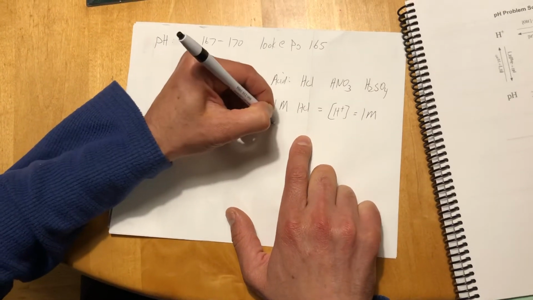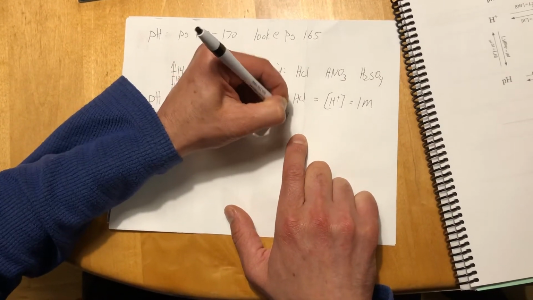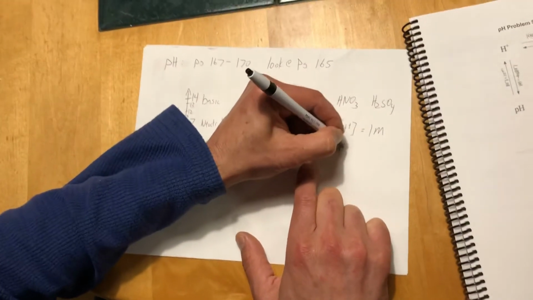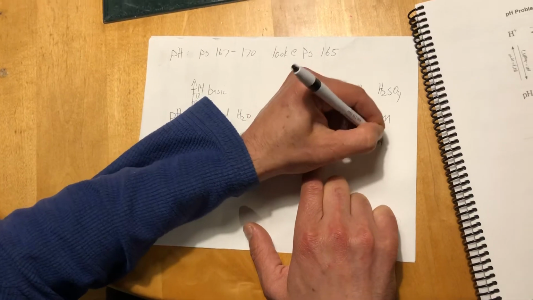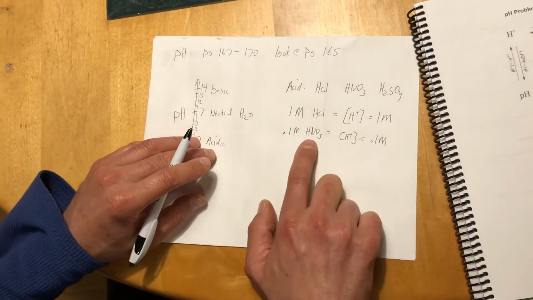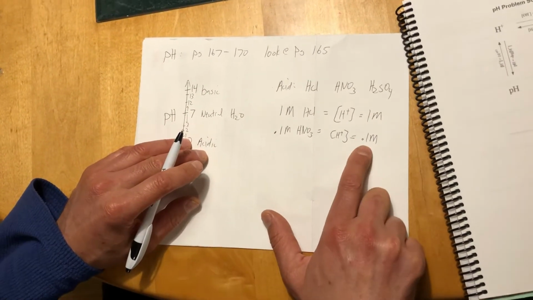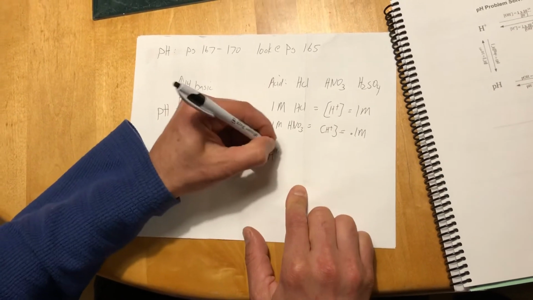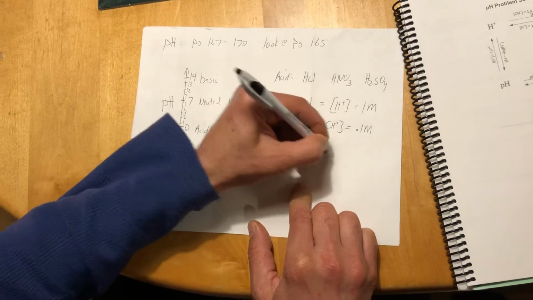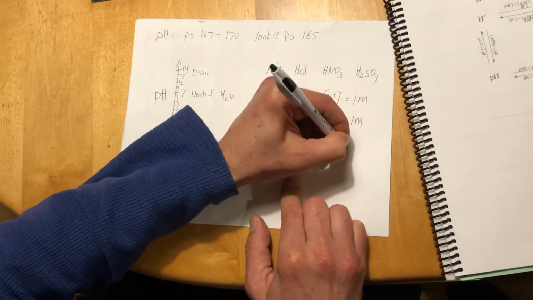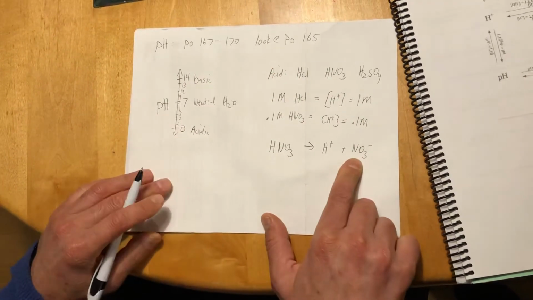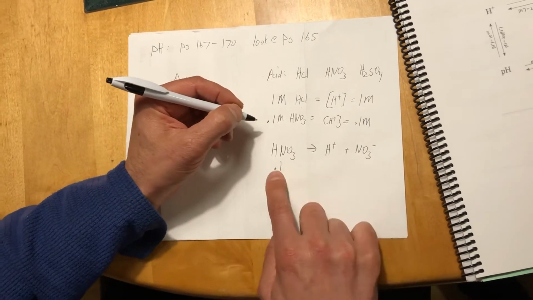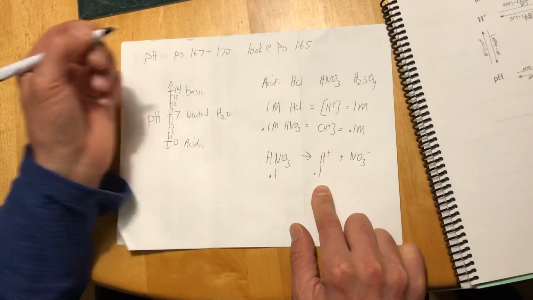If you have a 0.1 molar HNO3 solution, then the hydrogen concentration is that same molarity. So whatever the molarity of the acid is, the molarity of the hydrogen is the same, because as the acid breaks apart, it breaks apart into hydrogen ions and whatever the anion is. And so if this is 0.1, then as it moves over to the right, this is also 0.1.